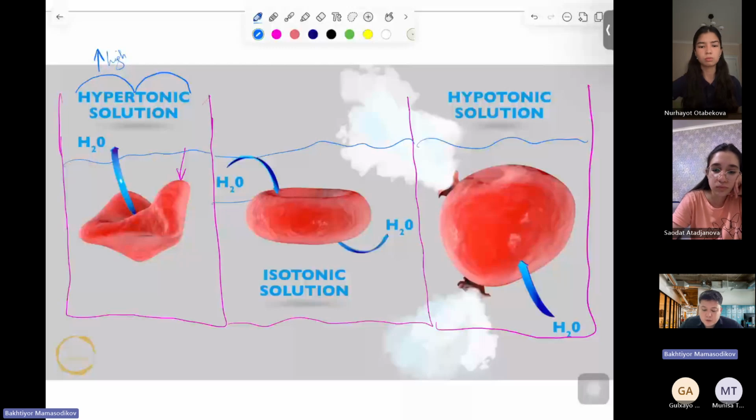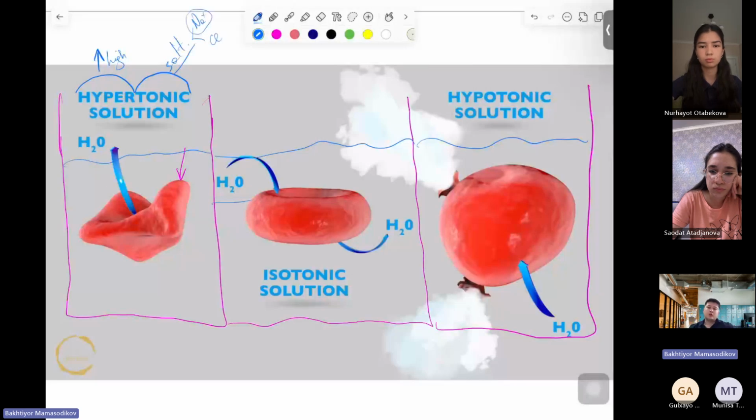Tonic means salt, okay? What elements are inside the salt? Sodium and chlorine, right? Our main focus today is sodium.